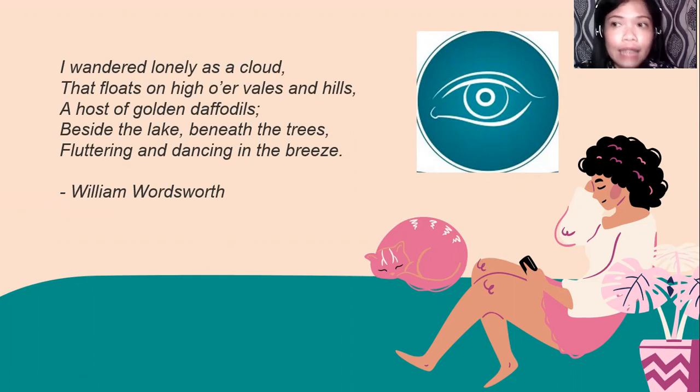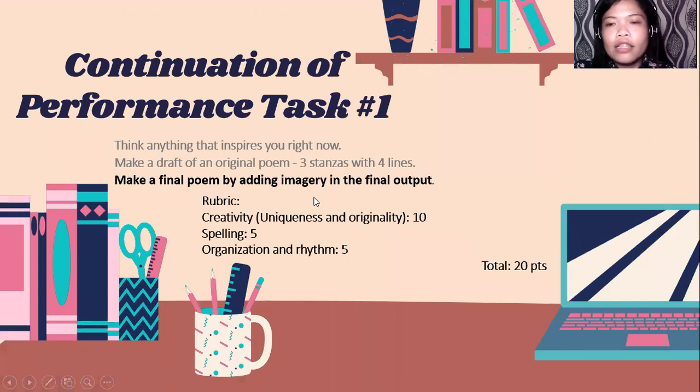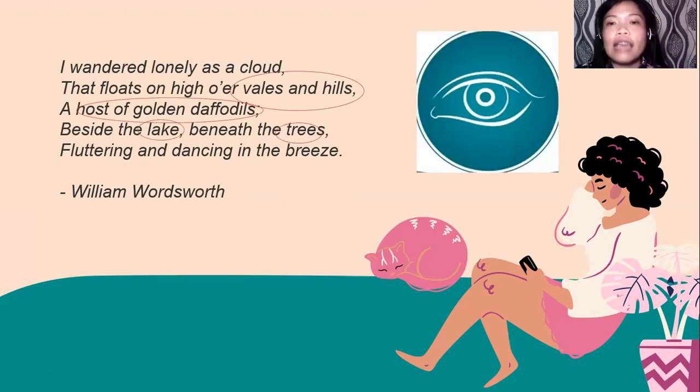So let's now see. First you have the vales and the hills, or the valleys and the hills. You have the golden daffodils, the host, which means a group of flowers. Then you have beside the lake and beneath the trees. So as you can see there, this is visual imagery.